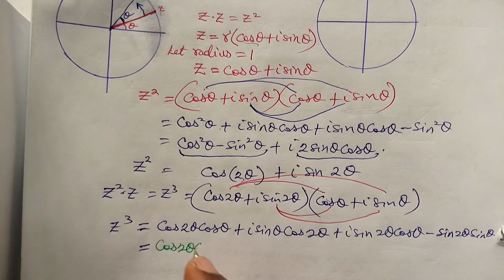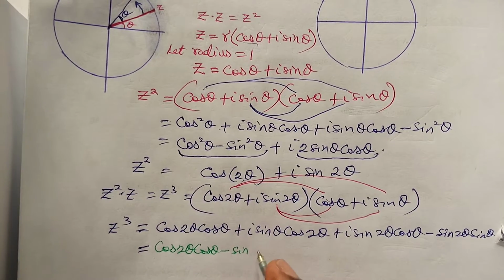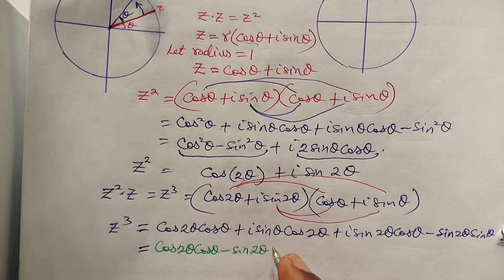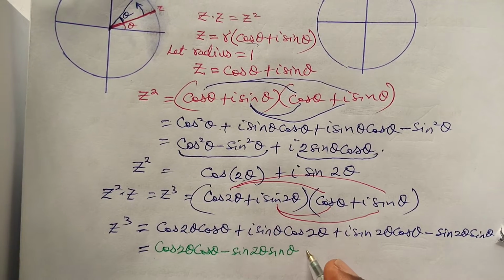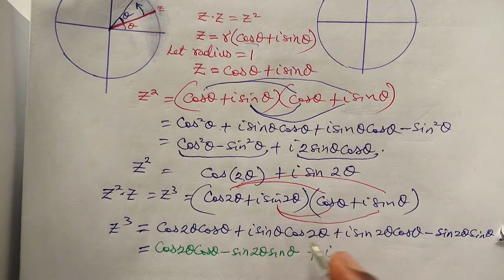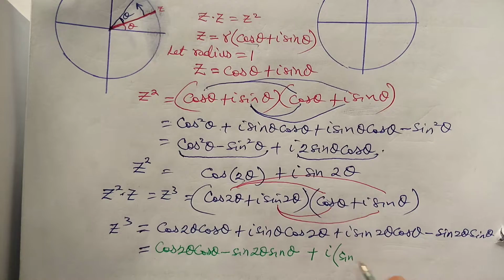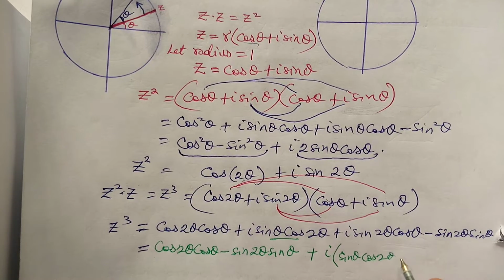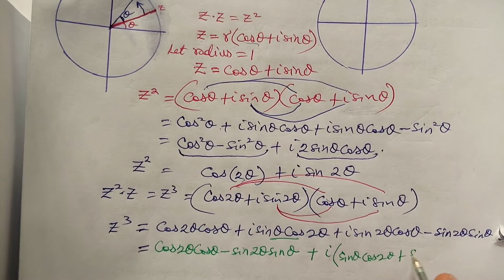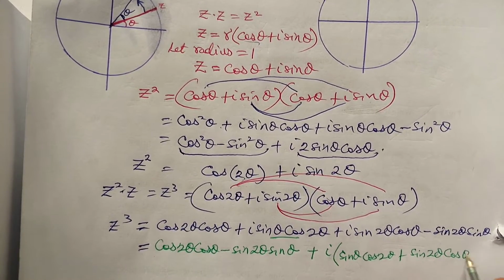If we collect like terms, we have cos 2 theta cos theta minus sine 2 theta sine theta, plus i times sine theta cos 2 theta plus sine 2 theta cos theta.